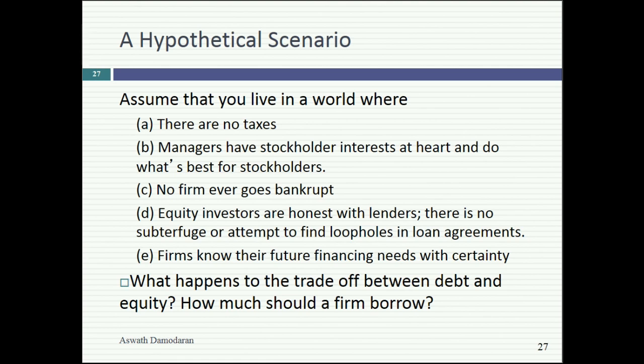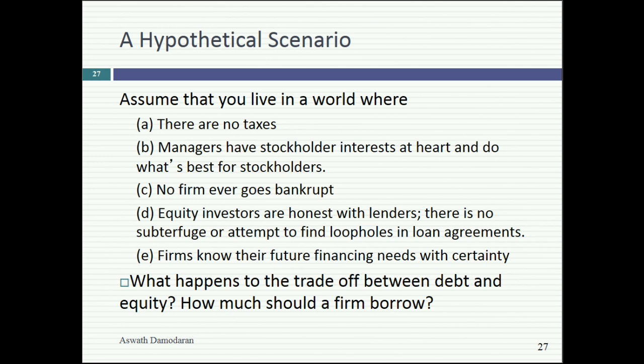I'm going to go through the trade-off and you tell me what happens to each item. In this world, what are the tax benefits of debt? 0, no tax rate. What's the added discipline effect of debt? If managers are already doing the right thing, what would you need debt for? So it's 0 and 0, so no benefits. What about expected bankruptcy costs?